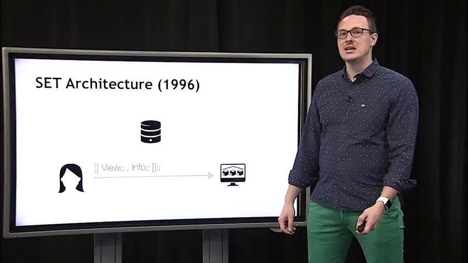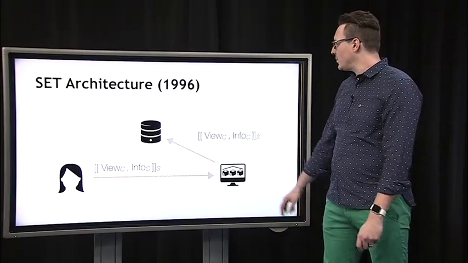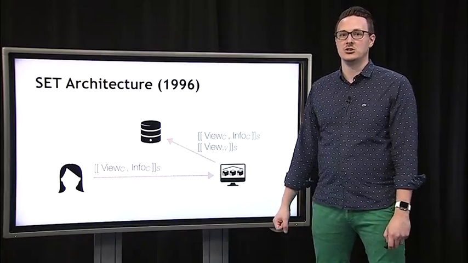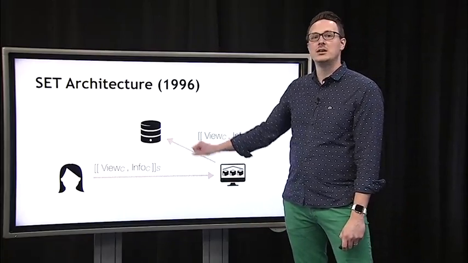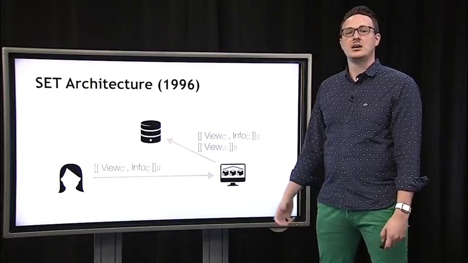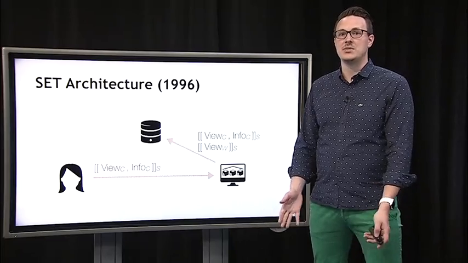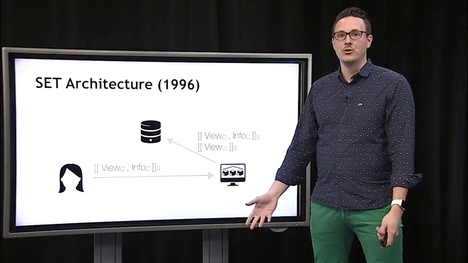They send it to the merchant, and since the merchant can't decrypt it, all it can do is blindly forward it on to the third party. However, the merchant also appends its own view of what the transaction looks like. Then the third party can decrypt both of these and compare the views of the transaction, and if they align, if they both say the same thing, then they'll approve the transaction.